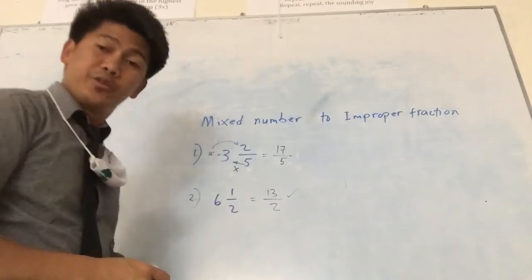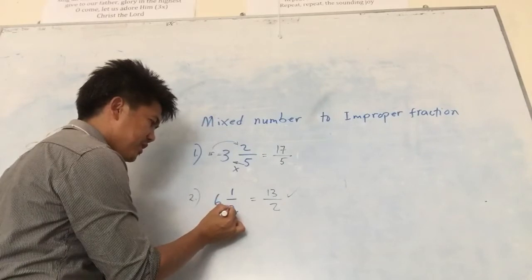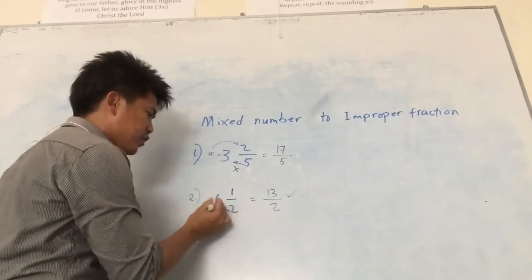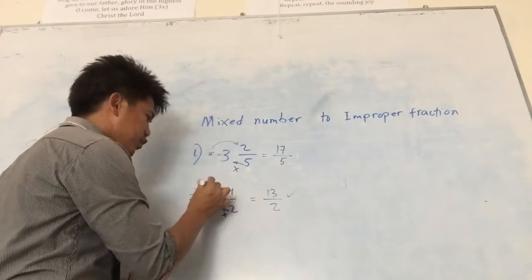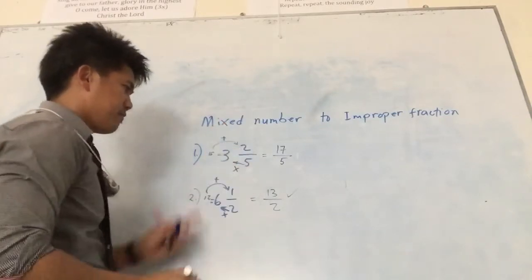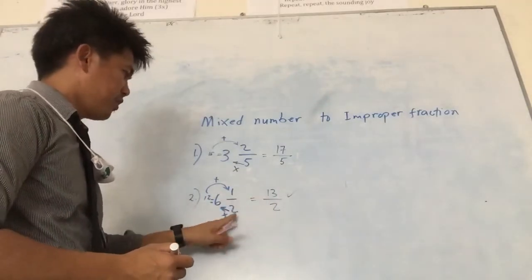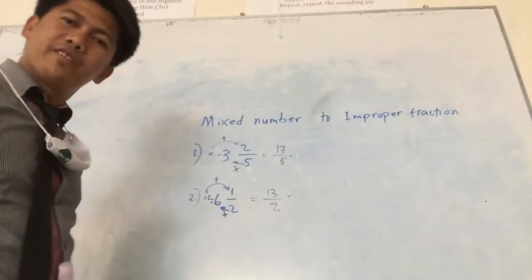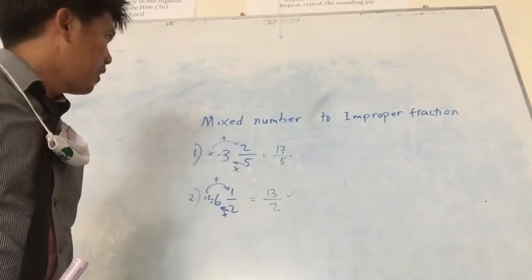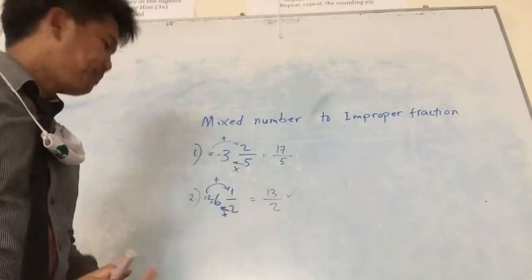How did you do that? 2 times 6 is 12. 12 plus 1 is 13. So 13 over 2 because the denominator is 2. So that is how to write an improper fraction from a mixed number.